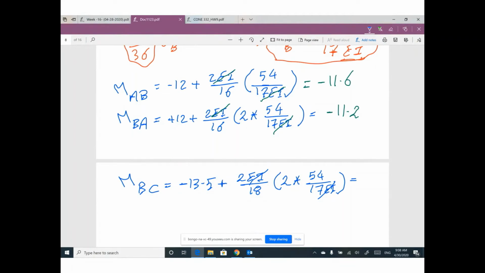I think we have a mistake here. Probably here. Not sure. Let me try it one more time. Yeah, this one should be positive 12.8.